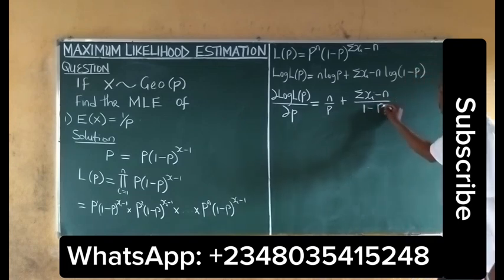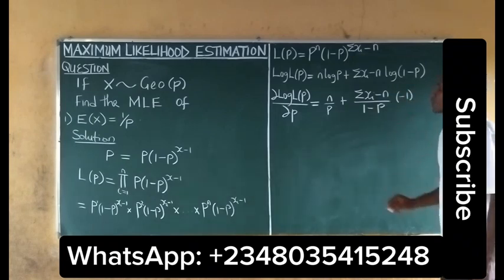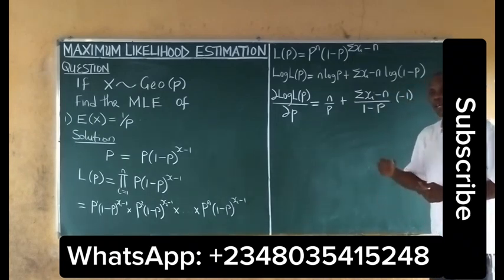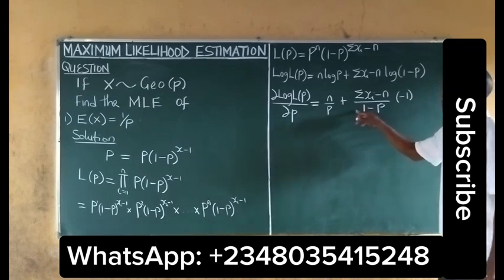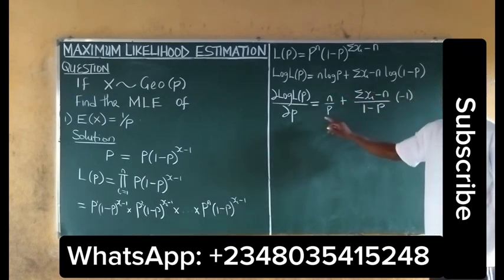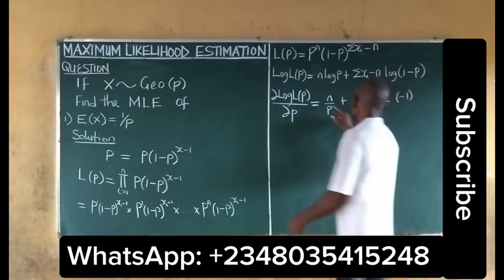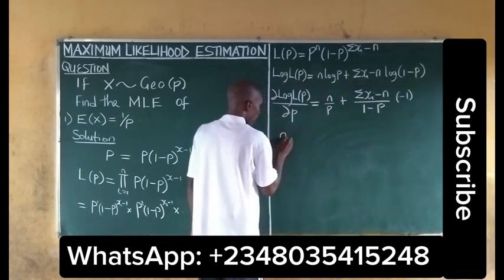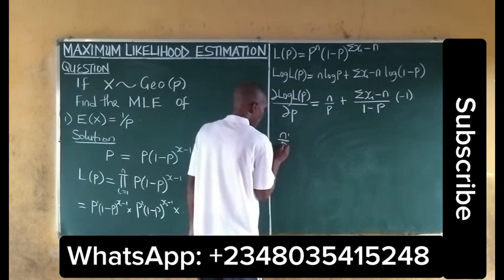From the composite function, as we are differentiating 1 minus p, we get negative 1, so it will now be multiplied by negative 1. To get the maximum, we equate the whole of this to 0.